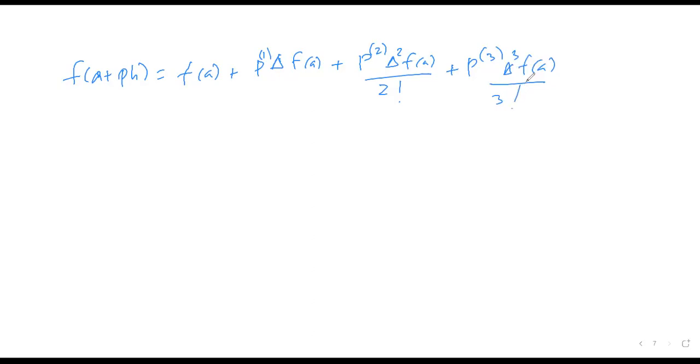So how many we have? We have delta fa there, delta squared there, delta cube there. That's all we have now.